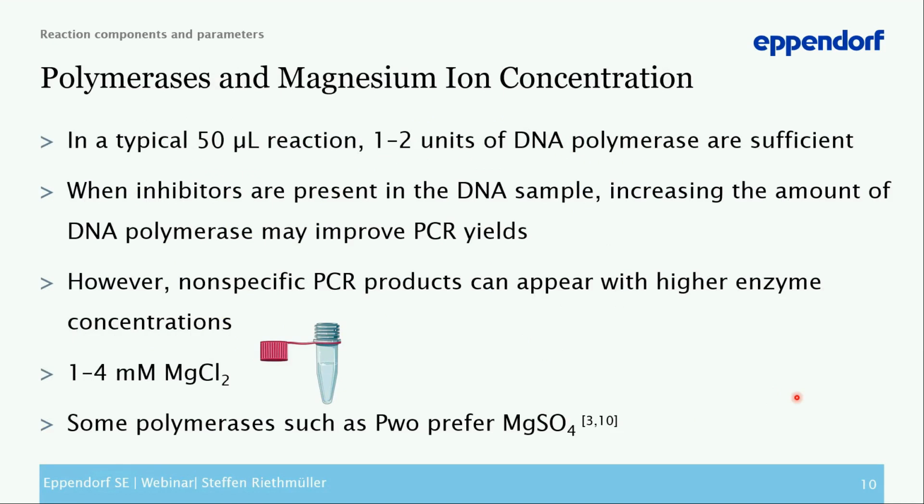Yeah, the polymerase and magnesium ion concentration is also an important topic. So again, when talking about a reaction volume of 50 microliters, we normally have 1 to 2 units of polymerase. This is totally sufficient.